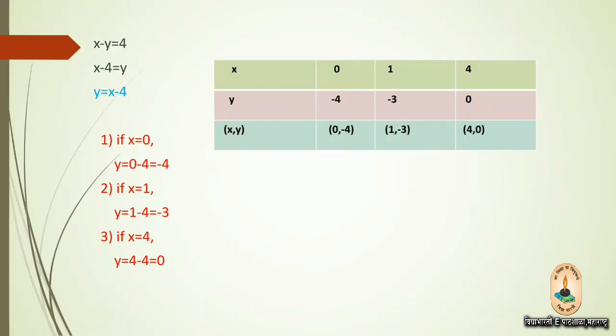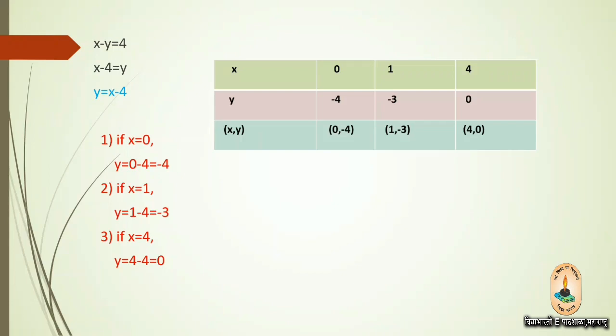Now consider the second equation x minus y equal to 4. From this equation, we write y equal to x minus 4. Again here, we take the values of x and then find the value of y.